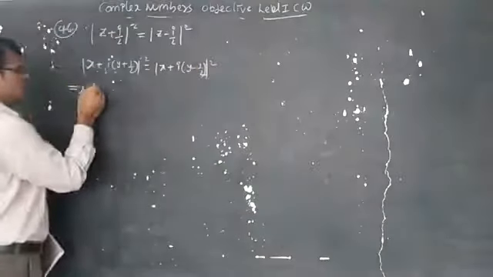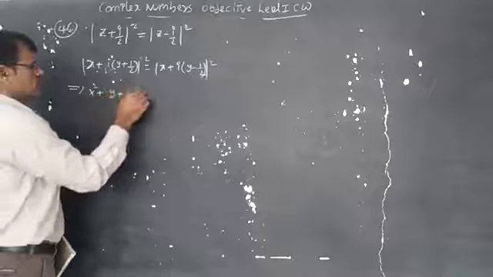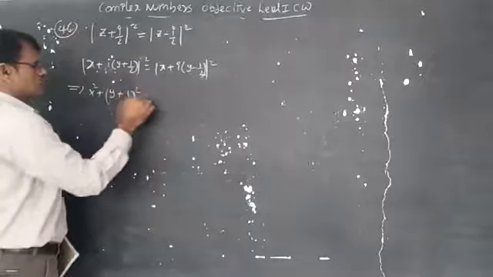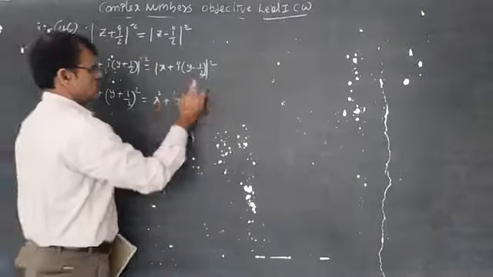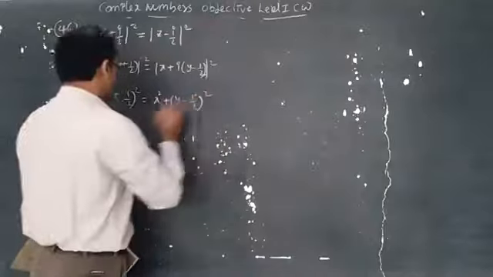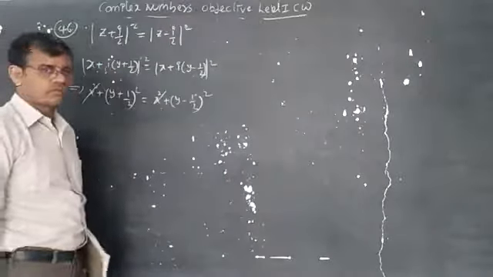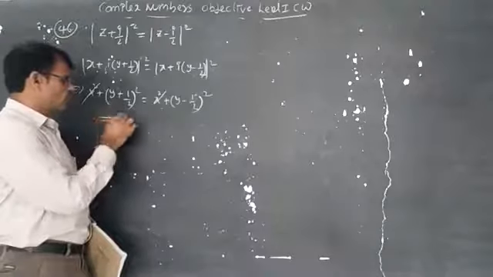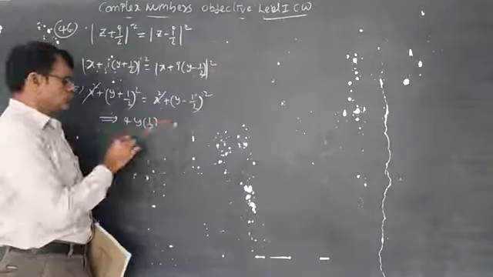That implies take the parts x square plus y plus 1 by 2 whole square is equal to x square plus y minus 1 by 2 whole square. X square will be getting cancelled. Y plus 1 by 2 whole square minus y minus 1 by 2 whole square will be in the form of 4ab. So 4 into y into 1 by 2 equal to 0.